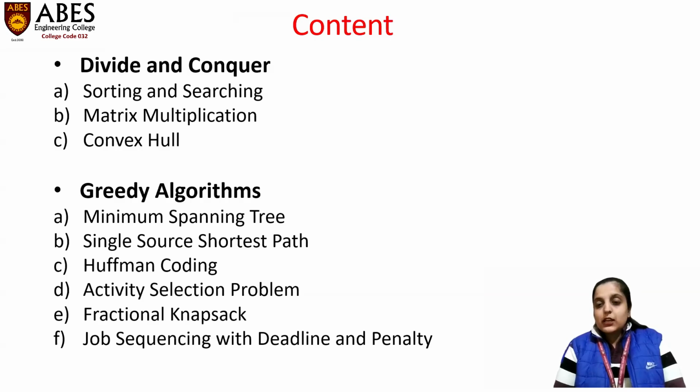One is sorting and searching, in which we'll discuss about binary search, and in sorting, we're going to discuss about quick sort and merge sort. And these topics have already been covered in unit number 1 when we used to discuss about sorting. So we'll skip this particular thing in this unit and we'll start with divide and conquer from matrix multiplication, that mainly focuses about Strassen's matrix multiplication and convex hull. These two are very famous examples of divide and conquer approach.